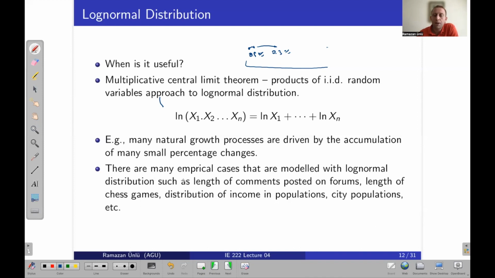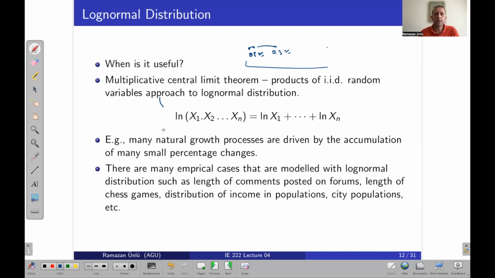Also, there are many empirical cases that are modeled with the log normal distribution, such as length of comments posted on forums, length of chess games, distribution of income, city population, etc. If you want to learn the details of when the log normal distribution is used, or it is better to use it, you can search or look at the textbooks for much more detail.